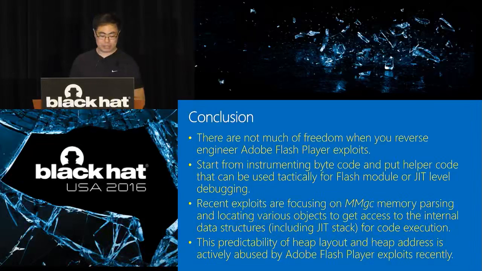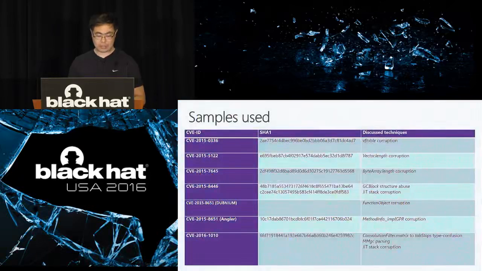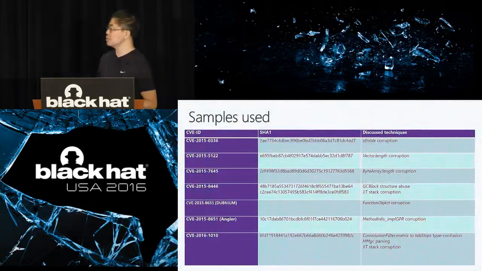And the last one is that the predictability of heap layout from MMgc can be a problem, because we saw a lot of exploits using this, and you don't even need a few gigabytes of heap spraying, just a few megabytes of heap spraying makes this condition happen. Those are the conclusions.